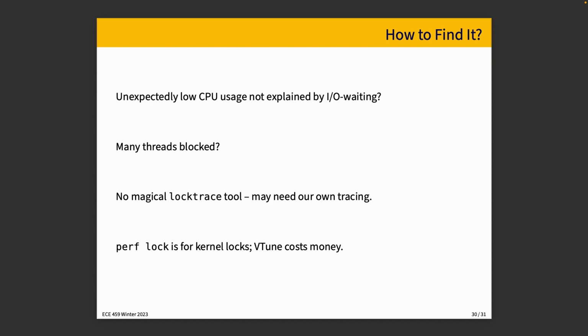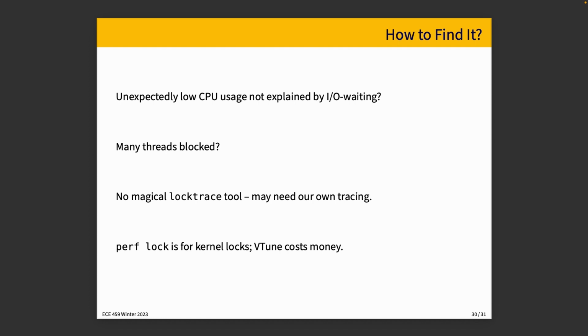Similarly, there exist some other tools that help us to find thread switches, but that's not quite the same. Just because the thread switched, it doesn't mean necessarily it was because it got blocked waiting for a lock, and it doesn't mean that lock contention is a big problem. It could be switched because of a timer interrupt or because a higher priority thread joined the pool. It's really hard to know.